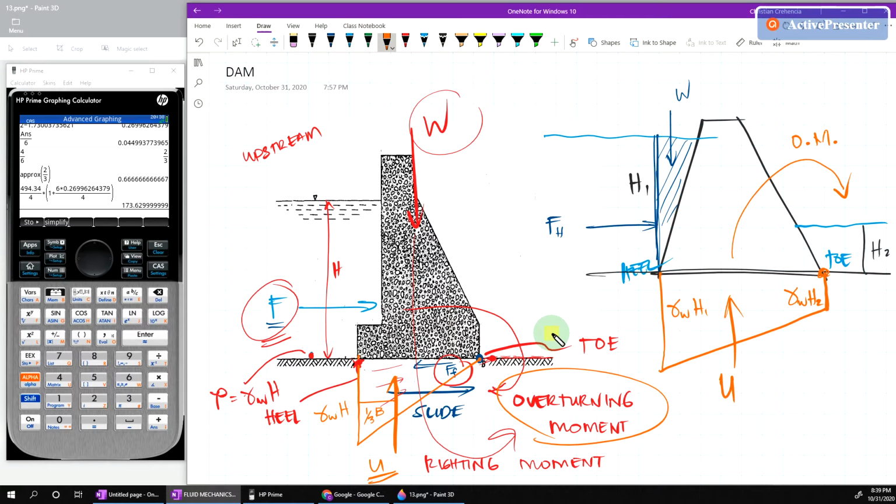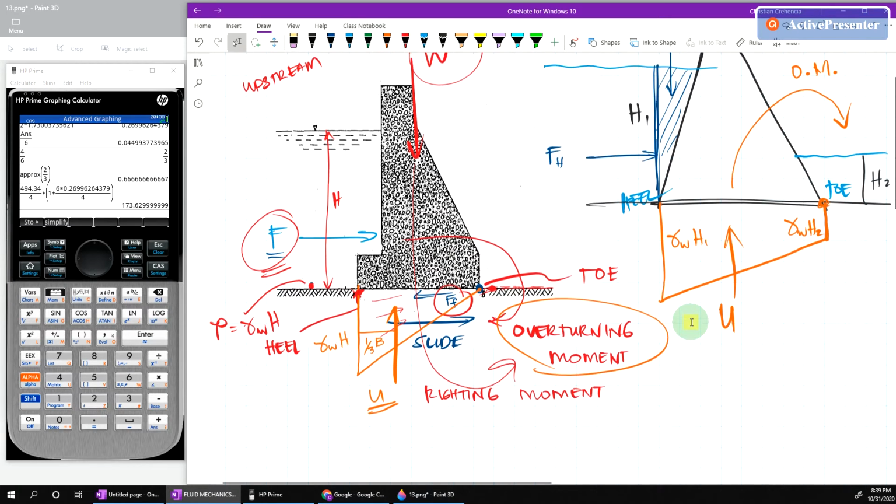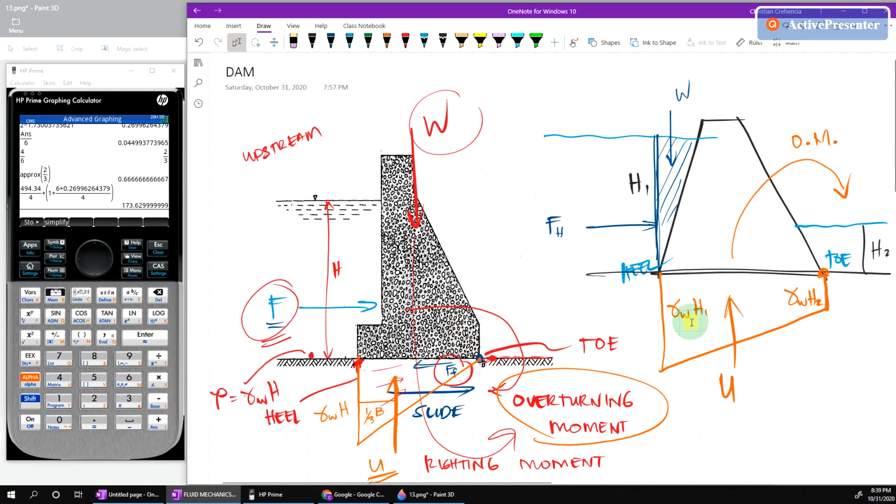Okay, so para mas madali yung pag-solve, dinidivide natin yung mga weights and yung mga forces natin in terms of smaller components or smaller parts.